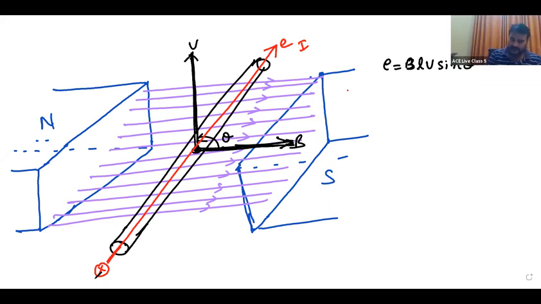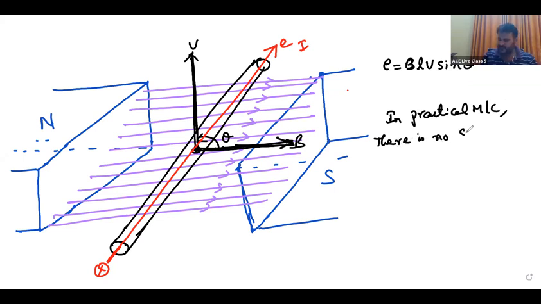So the conductor in a practical machine will be in the form of coils. There is no single conductor.